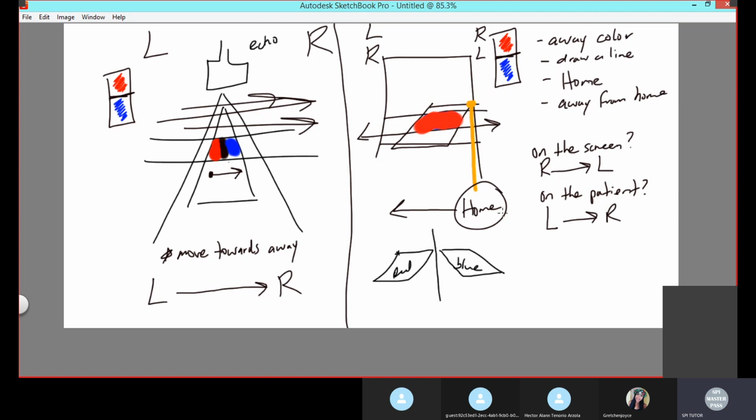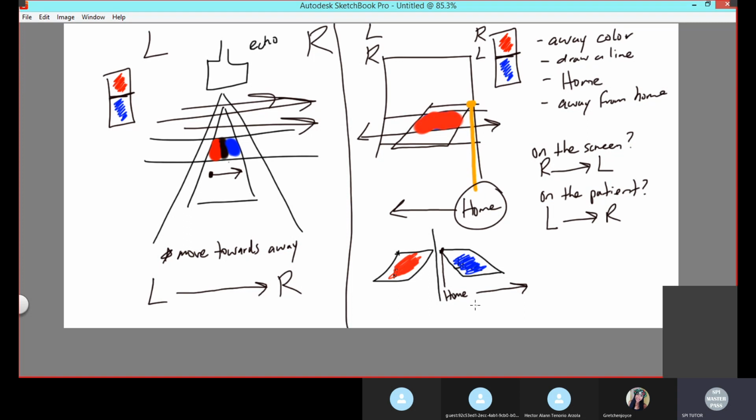Now, once you do that, then you do your rule, okay? So this right here is red, and when I flip the box, now this is blue. So now I can do my rule. I pick this corner because when I go down, it does not run through my box. This is my home and I move away from home.